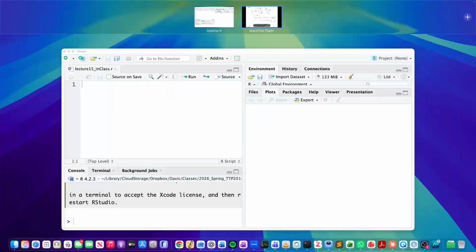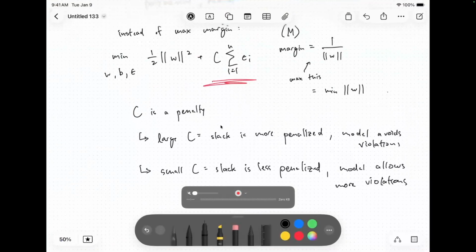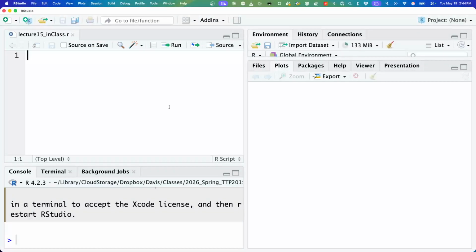Okay, so then let's jump over to R. I do have a data set that's uploaded into Canvas already, so we'll use that for the support vector machine example when I get there.